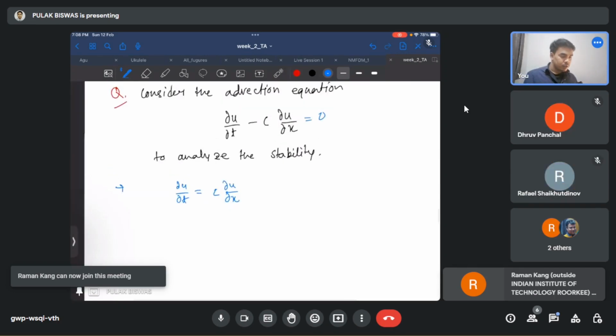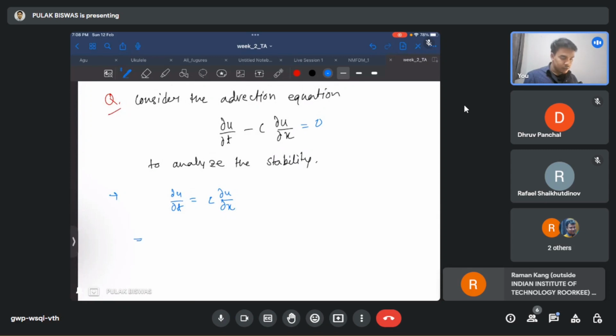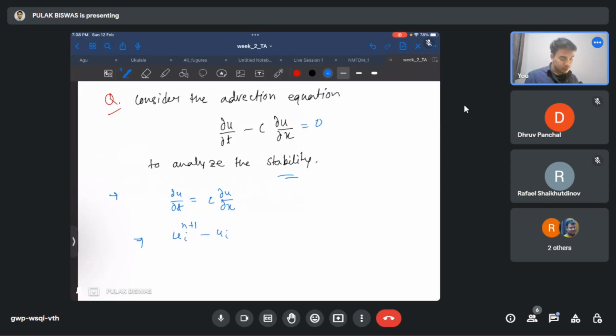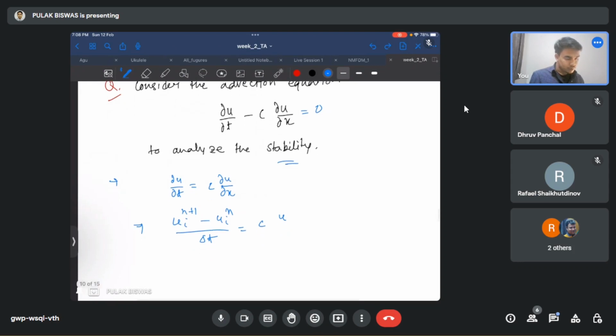So you can calculate, and this stability is actually done for the explicit scheme. So you can try. You can use the forward difference as well. So let me use that one.